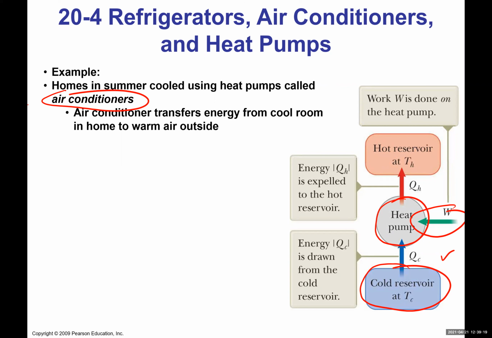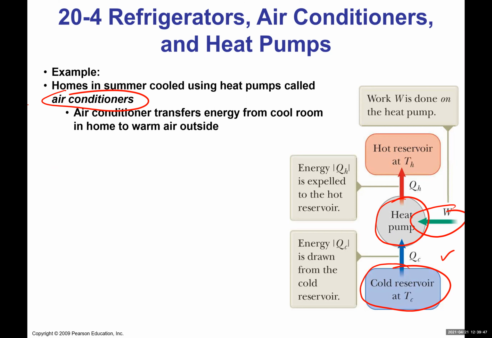Sometimes it feels like air conditioners are actually creating cool air and blowing it into the room, but that's not the case. You don't have an air conditioner just creating cold air and blowing it into your room. That's not what happens. What happens here is that heat is actually removed from indoor air, and when you remove heat from indoor air, it cools down.